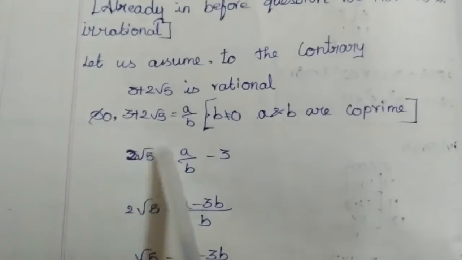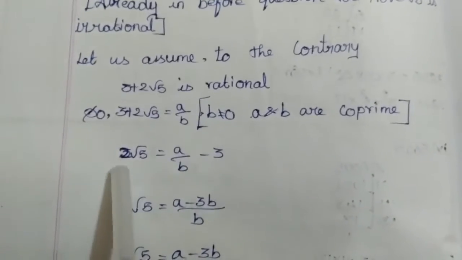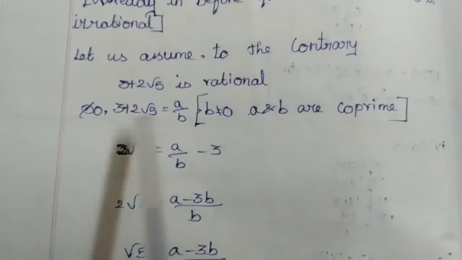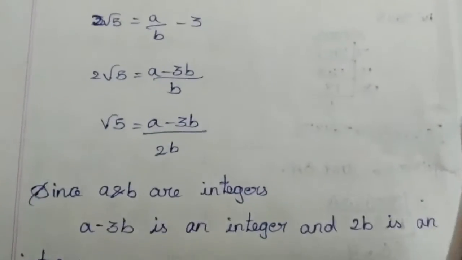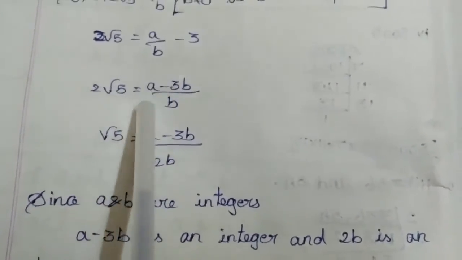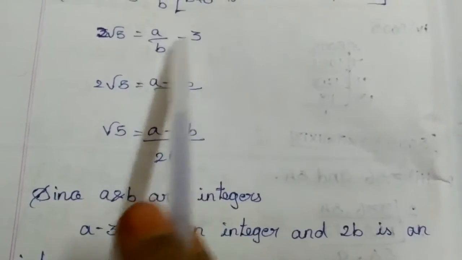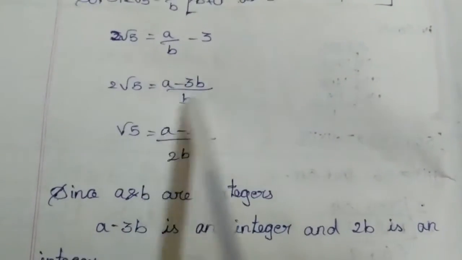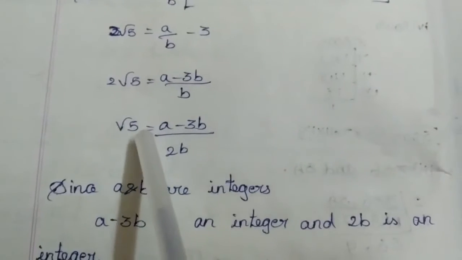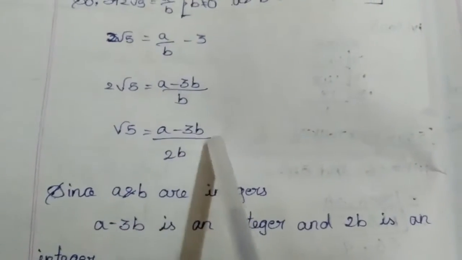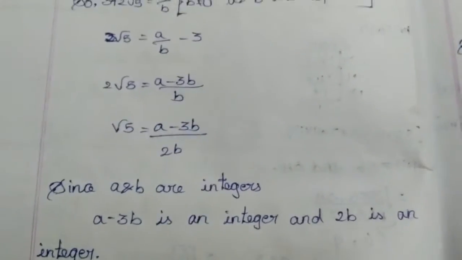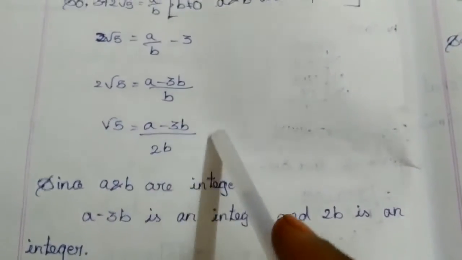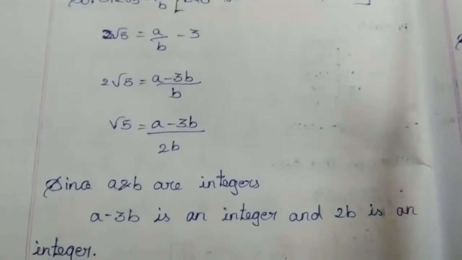So root 5 is equal to a by b minus 3, taking 3 to the other side. Taking the LCM, root 5 is equal to a minus 3b divided by b. So root 5 is equal to a minus 3b by b.